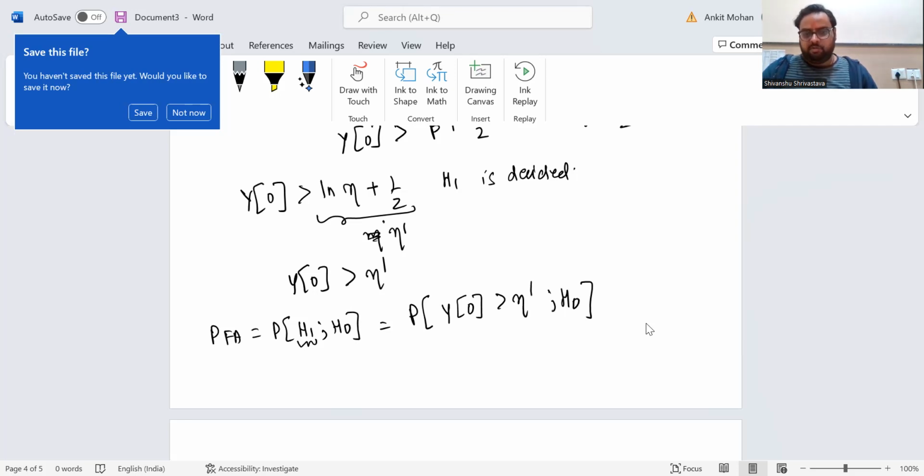I need to integrate the probability density function over the region which is required here for y0 under the hypothesis H0. Under the hypothesis H0, y0 has a mean of 0.